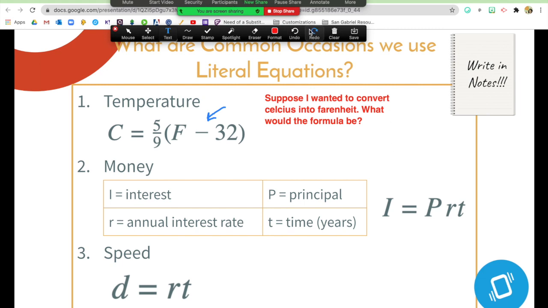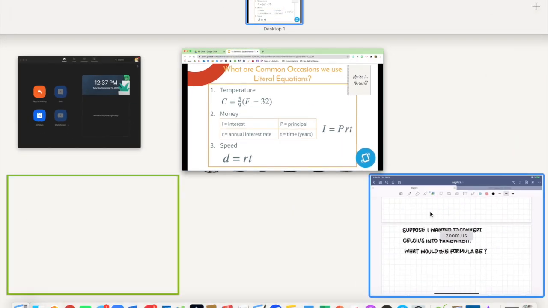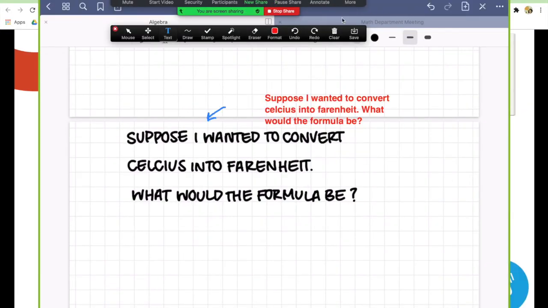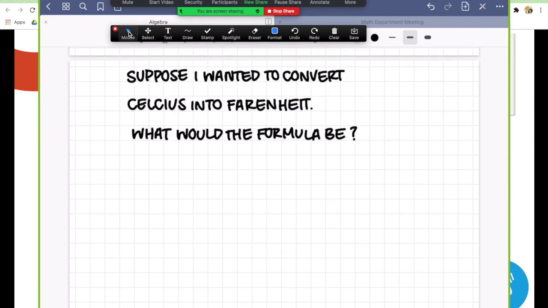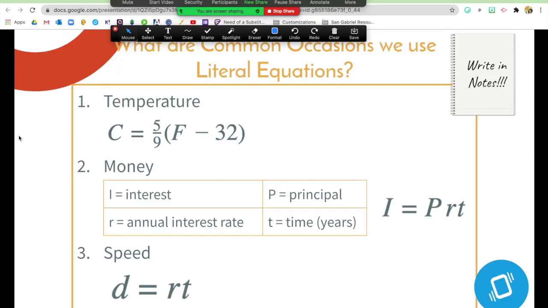Okay. So let's try it out together then. And let me clear this image. Okay. So if I wanted to convert Celsius into Fahrenheit, what would my formula be? So the formula that we do know right now is that if we have Celsius, that equals, let me get the formula out one more time, 5/9 times Fahrenheit minus 32.